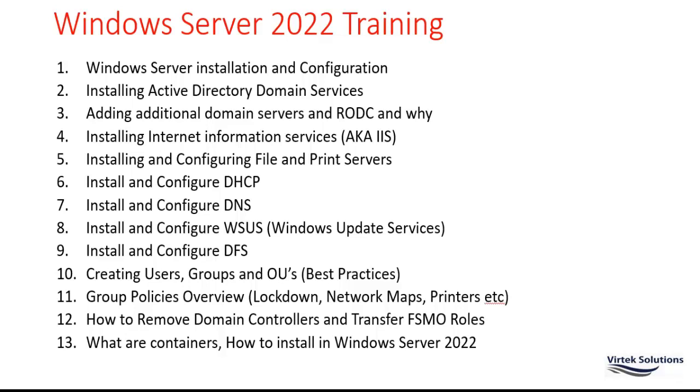Then we will also install and configure a print server on the network. We will be configuring one or two print servers, and we will be presenting some ideas on how you can deploy a print server with proper permissions.